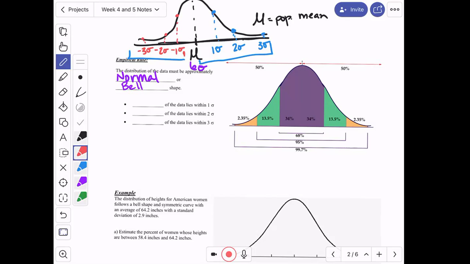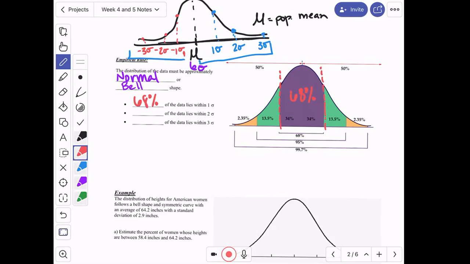So within 1 standard deviation, which is right here, is 68% of the data. In order to get this bell shape, 68% of the data has to lie within 1 standard deviation. That means I'm looking at people's IQs, and I have 1,000 people.